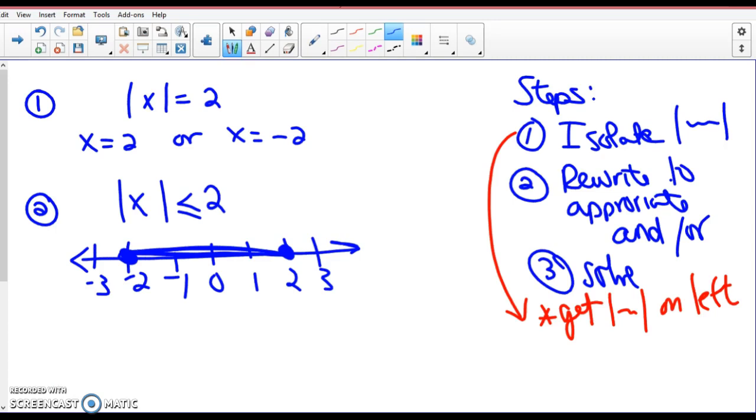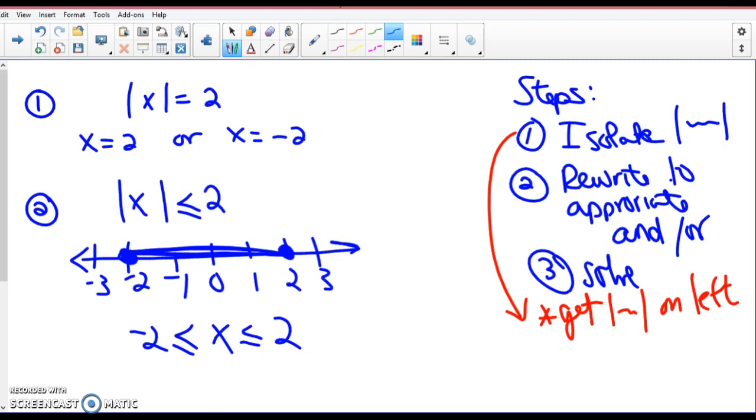So, what does that tell me? That tells me that to solve this, whatever the absolute value is goes in the middle. It is an and statement. You make this number negative, put it down here, all the way up to the positive.